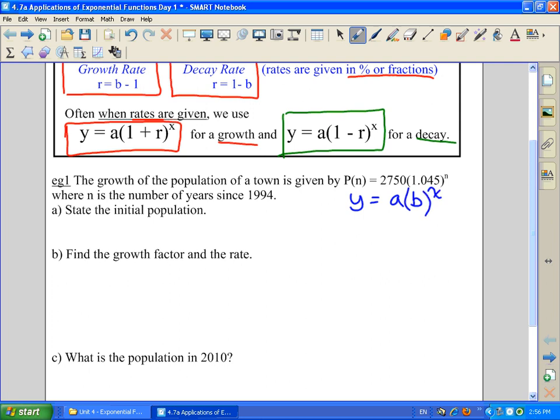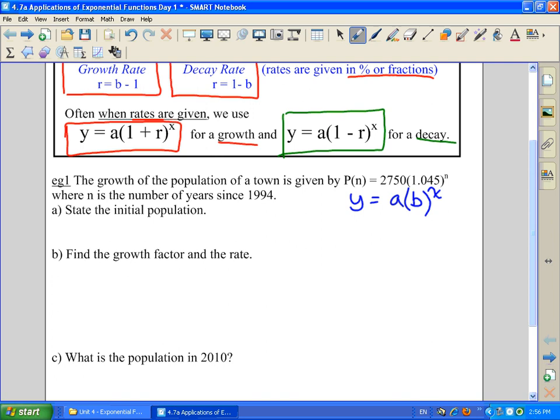Question A says state the initial population. Well, the initial population is going to be your A value. Normally A equals 1, but if A is a value for your y-intercept, in this case our y-intercept would be 2,750.